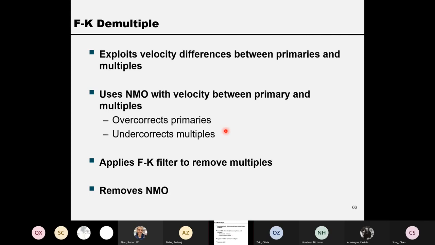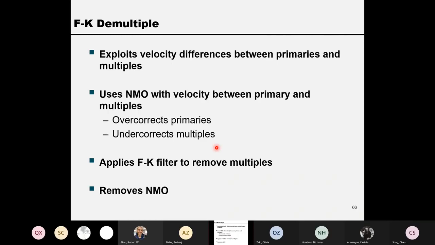We overcorrect that, so that the primary will have a negative dipping angle, but the multiple is still undercorrected. Multiple always undercorrected, right? So that means you have a primary and the multiple separated after the FK transform.